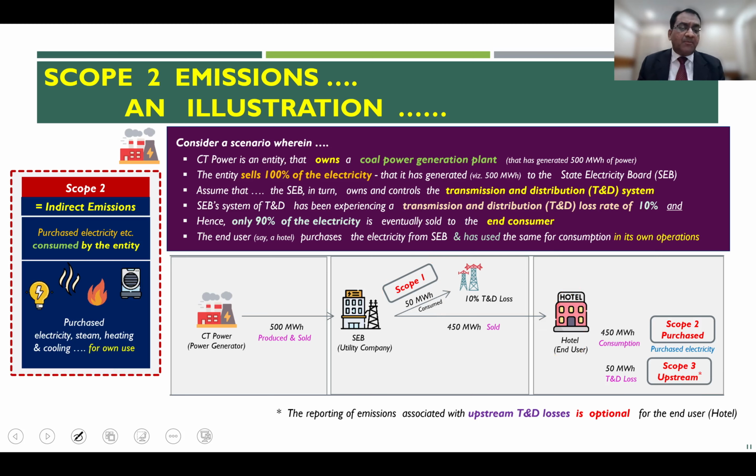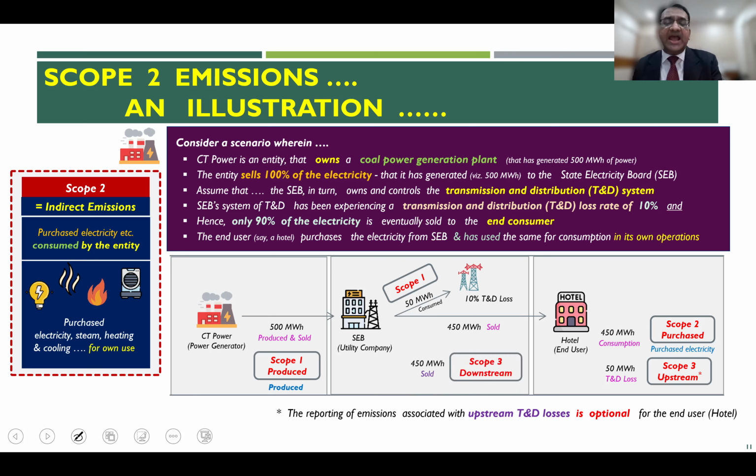Now, moving forward, when it comes to the power generator, it is actually producing electricity. Therefore, there will be a credit in this, though it is scope 1, because here it is producing the electricity.